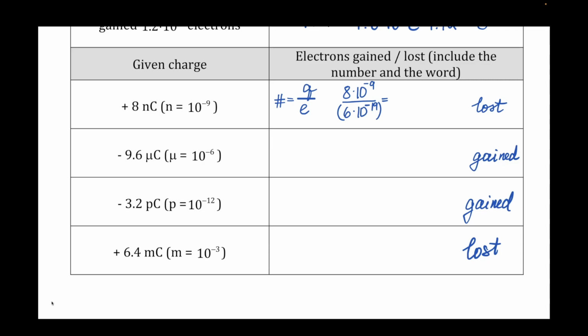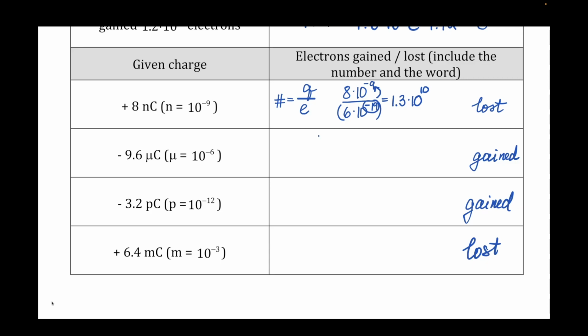Or if you're proficient with exponents, you can say it's 1.3, and then you do times 10. 19 goes upstairs with a plus, so that becomes just 10th. And there's no unit, that's just the number of electrons, 1.3 times 10 to the 10th. Electrons were lost. That's how we ended up with a positive charge.